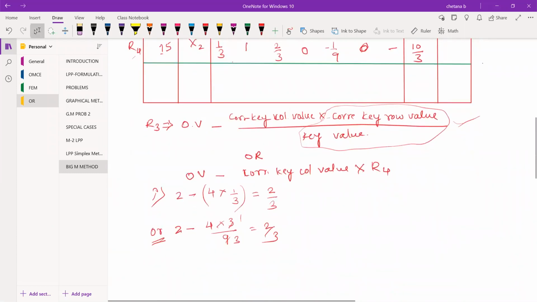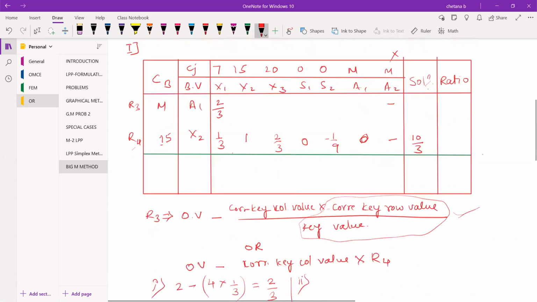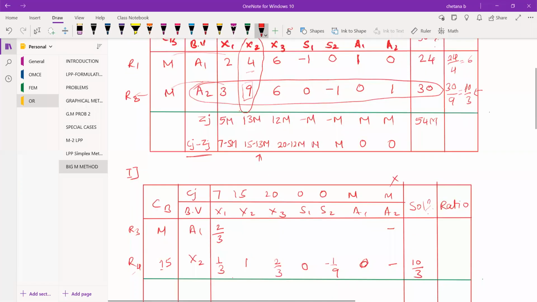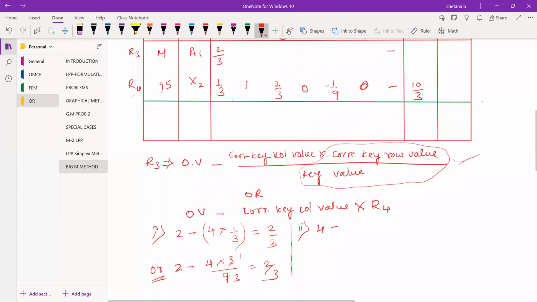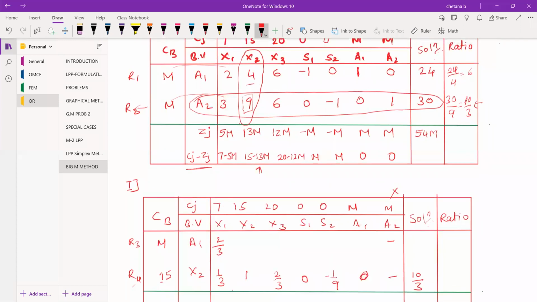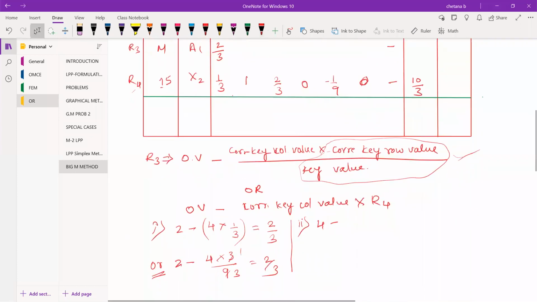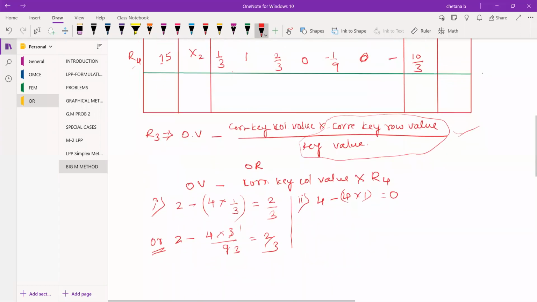Similarly, the second one: old value is 4 minus corresponding key column value. I think it will not change for the entire calculation, so it is always 4 as the corresponding key column value. 4 into 1 is 4, so the answer is 0. So the second value is 0.